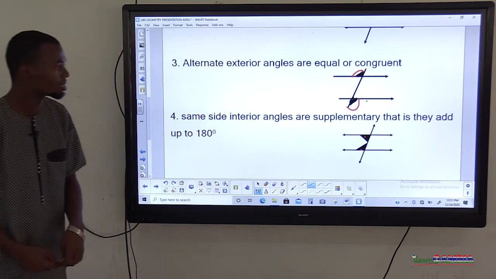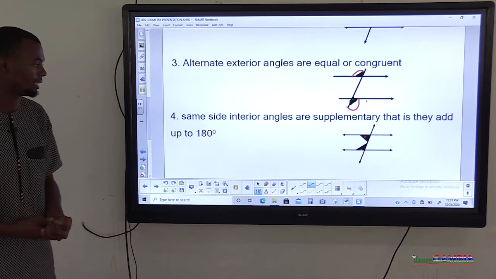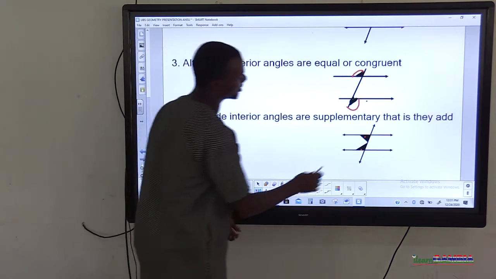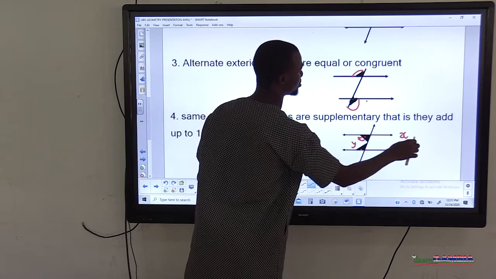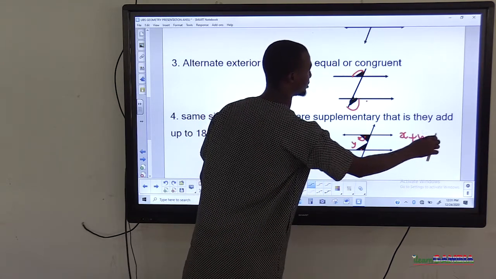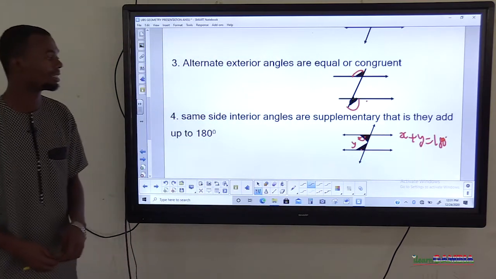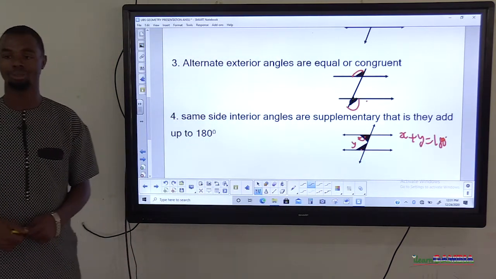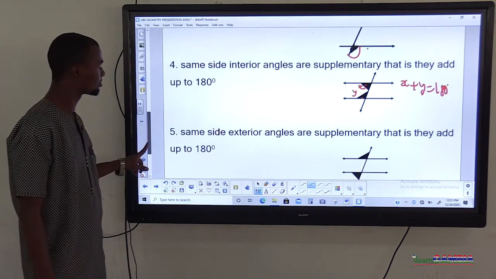The two angles add up to 180. So if this angle here is x and this is y, x plus y should equal 180 degrees. Same side interior angles are supplementary, add up to 180.